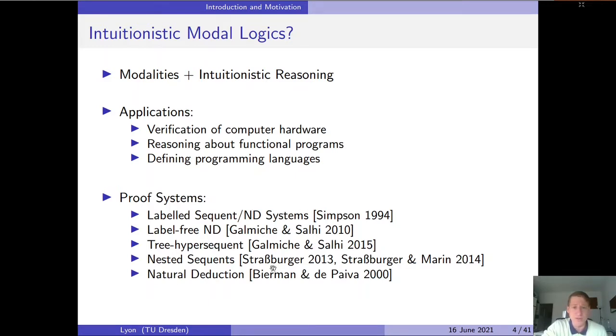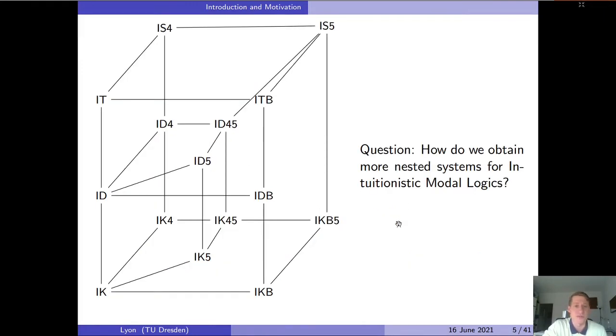Well, one thing that all these works have in common, with the exception of Simpson's work, is that all of them consider intuitionistic modal logics which essentially exist within the intuitionistic modal cube. In other words, all of them look at an intuitionistic variant of the modal logic K, potentially extended with the seriality axiom, the reflexivity axiom T, the transitivity axiom 4, the symmetry axiom B, or the Euclidean axiom 5.